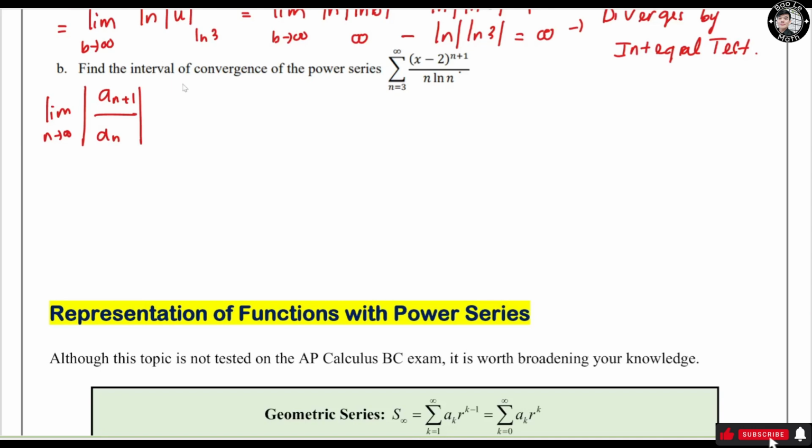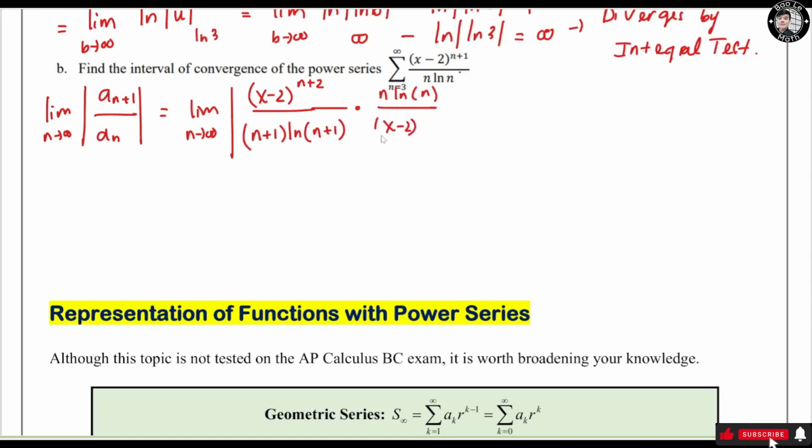So it's going to be the limit as n approaches infinity of the absolute value of s minus 2 raised to the n plus 1 plus 1, it could be n plus 2, over n plus 1 times ln of n plus 1, divided by this one, so you multiply by the reciprocal. So it could be n ln of n over s minus 2 raised to the n plus 1, right?